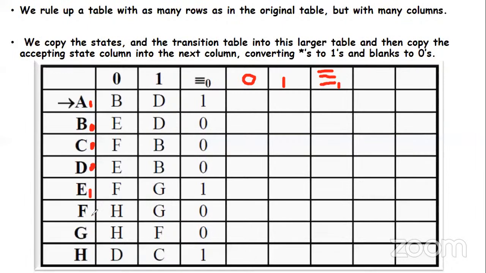This is 1. This is 0. This is 0. And this is 1. All I did is put all this in front of this, not that it should be there, but for the purpose of explanation. So what we are saying is that A is an accepting state, has value of 1, right? E is an accepting state. H is an accepting state.